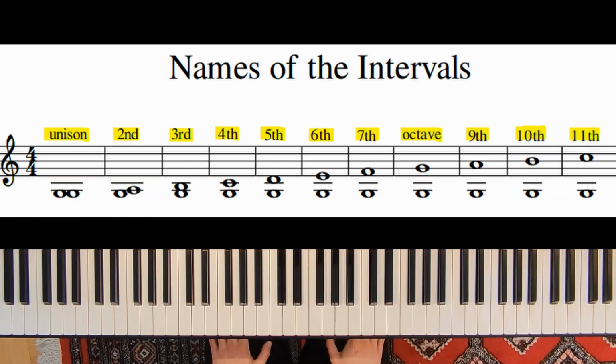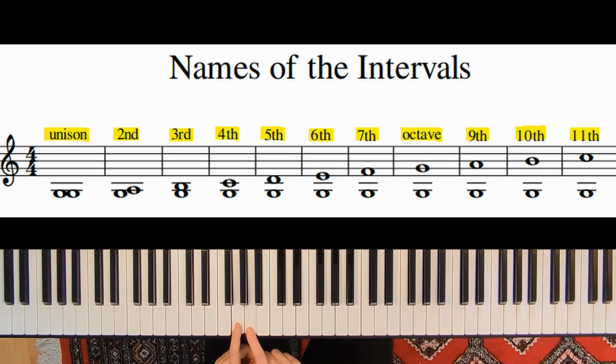Now we can learn the names of the intervals. Let's take an example from G to G. This is called the smallest interval. You might think that this is called the first, but this is actually called a unison.